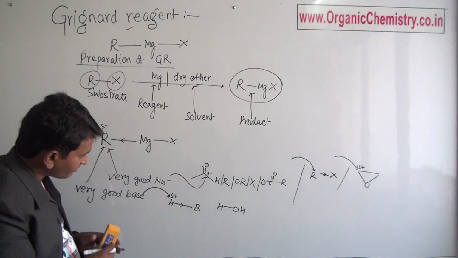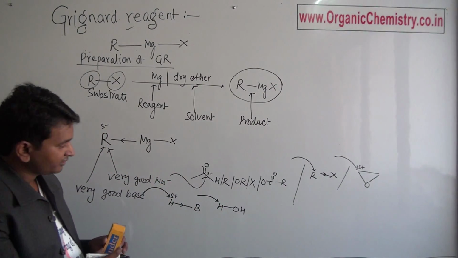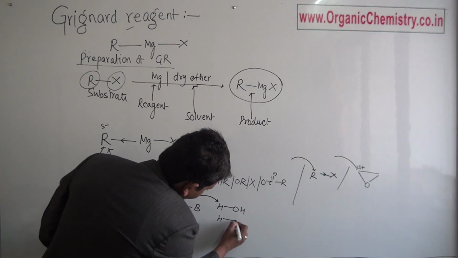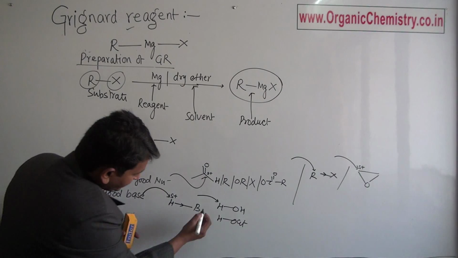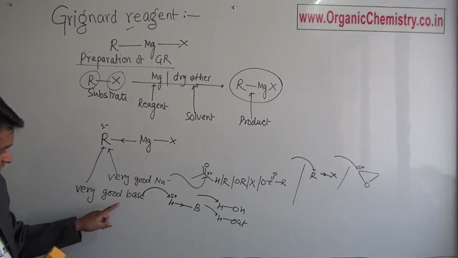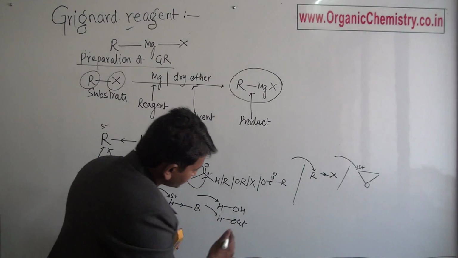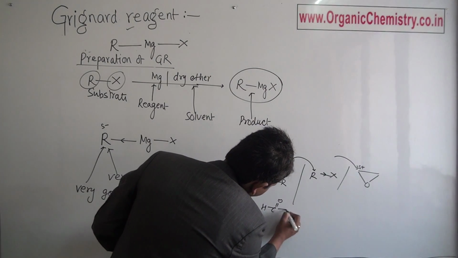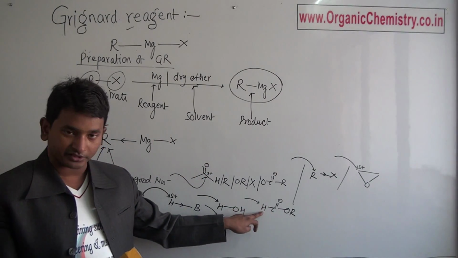This base may attack over this hydrogen. We cannot use alcohol, because hydrogen is again acidic. This RMgX is a good base, and attacks over hydrogen. We cannot use any acids, because this hydrogen is again acidic in nature.